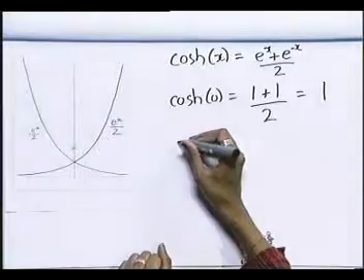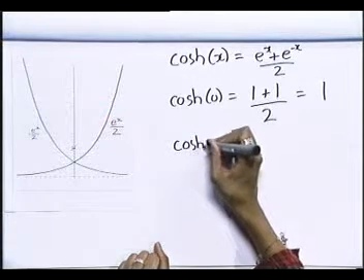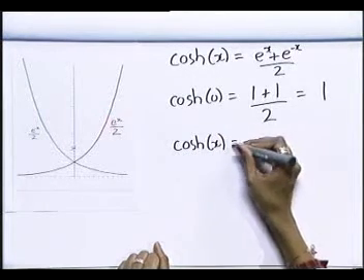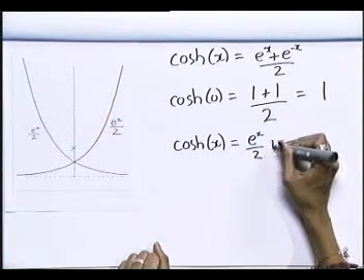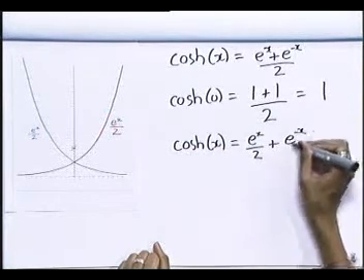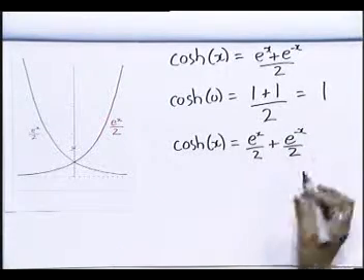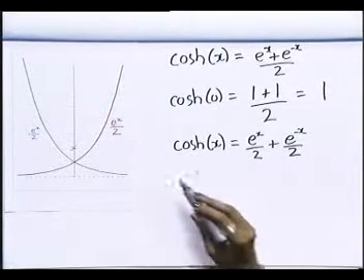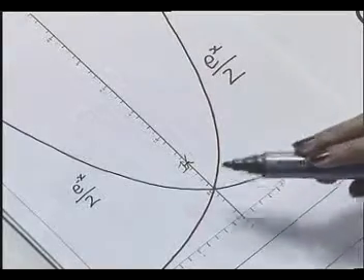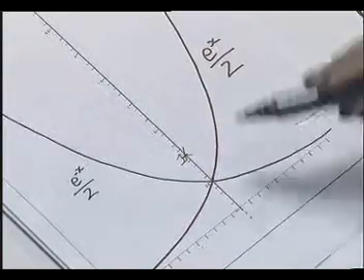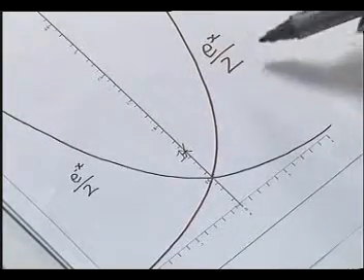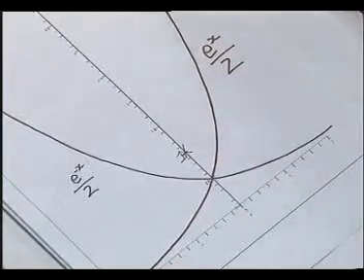Now we can work out what happens as x gets big. We can split up how we write cosh x into this form. We have e to the x over 2 plus e to the minus x over 2. Now we already have the graphs of e to the x over 2 and e to the minus x over 2 here. And we can see that as x gets big, e to the x over 2 gets very, very big.